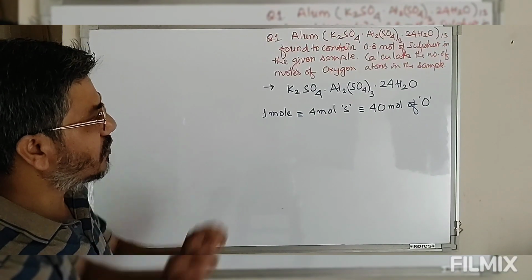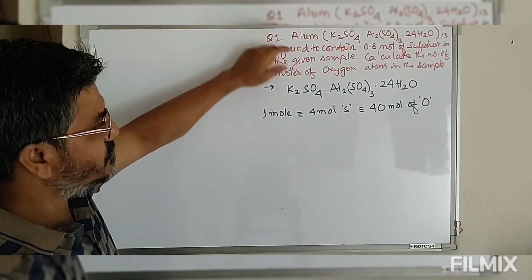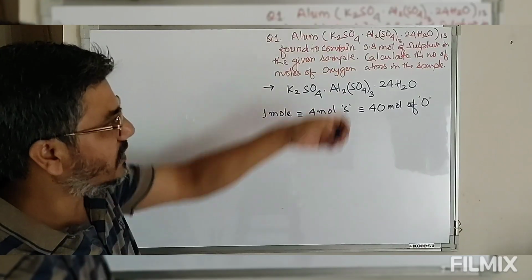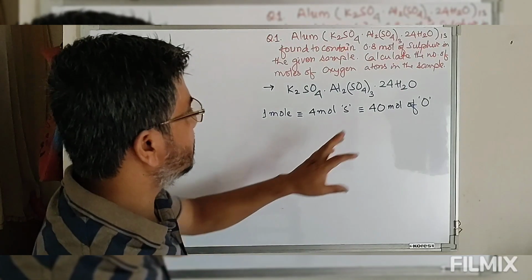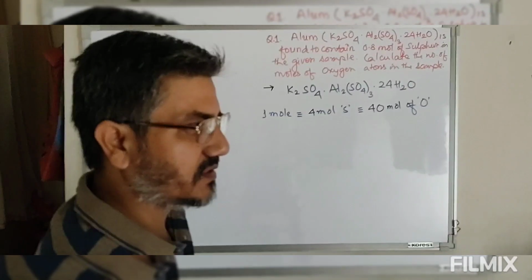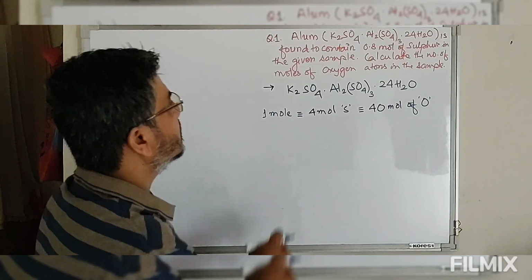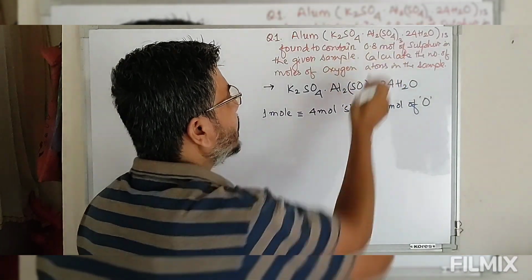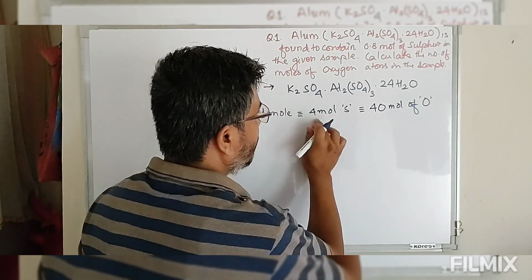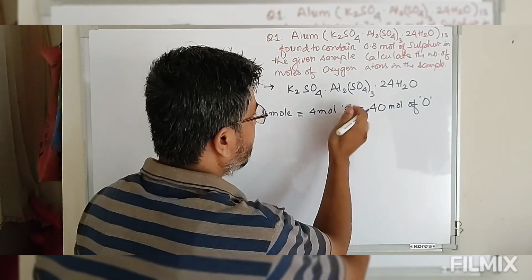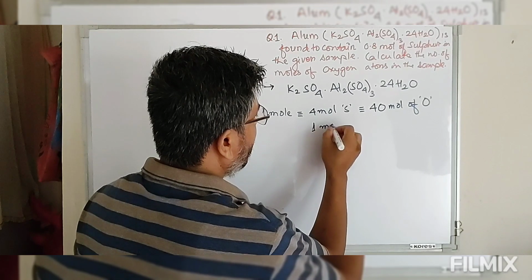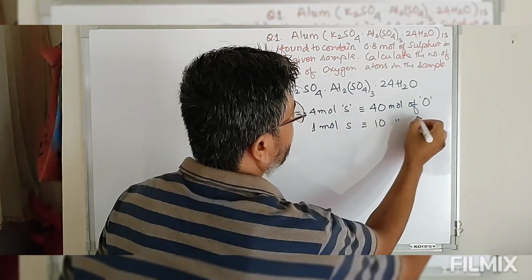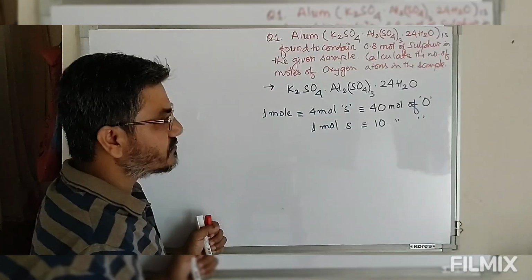So 1 mole of the given substance corresponds to 4 mole of sulfur, and in one molecule, how many oxygen are present? 40 oxygen is present. So now the question is, the given sample contains how many moles of sulfur? 0.8. So if 4 mole is present in 1 mole, then look at this, 4 mole of sulfur should be equivalent to how many mole? 40 mole of oxygen atom.